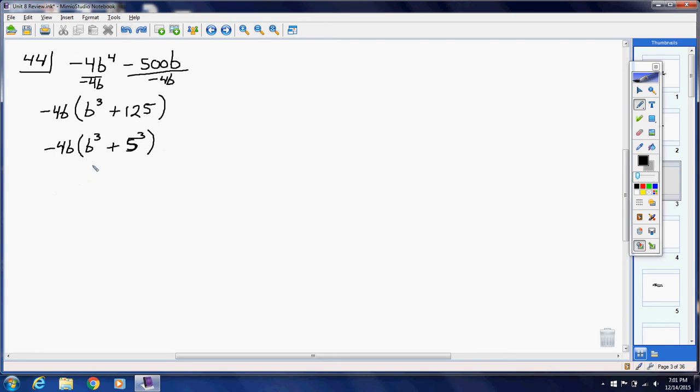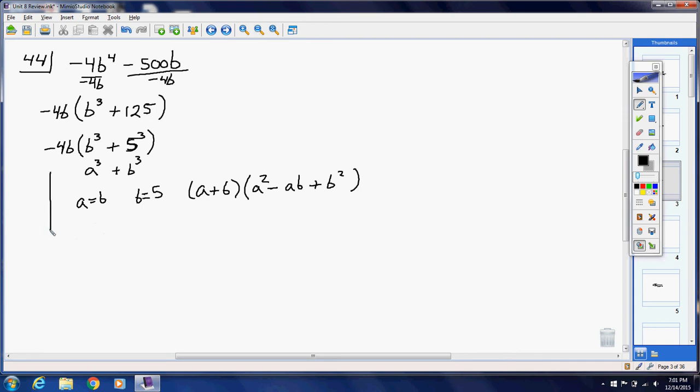So we apply our sum of cubes, which is maybe going to make this a little confusing this time because we have a b as a variable in here. All right, but our b is actually going to be over on this side. So our a is going to equal b, and our b is going to equal 5. Remember our sum of cubes: a cubed plus b cubed equals a plus b times a squared minus ab plus b squared.